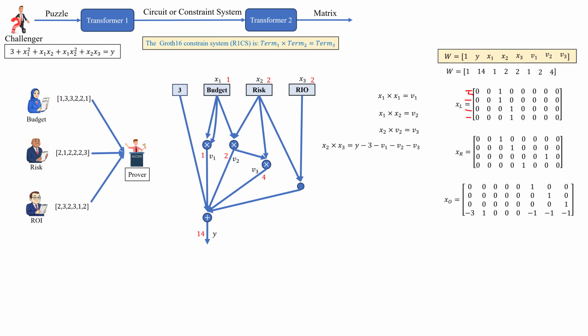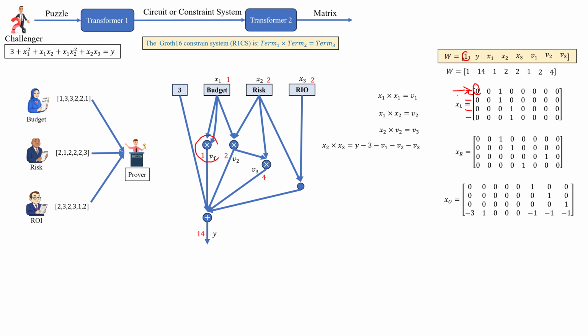Okay, so let's focus on this row. This row is related to the left input of gate 1. On the left input of gate 1, there is no constant, right? So that's the reason we put a 0 here for the constant.